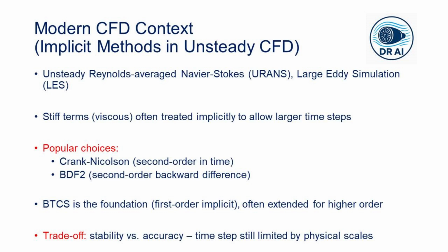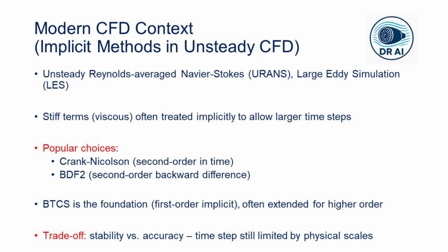Von Neumann analysis proves that BTCS is unconditionally stable for diffusion. We extended it to the convection diffusion and saw that while the scheme remains stable, central differencing for convection can cause oscillations unless the grid Peclet number is small. We discussed the remedies like upwinding and operator splitting.